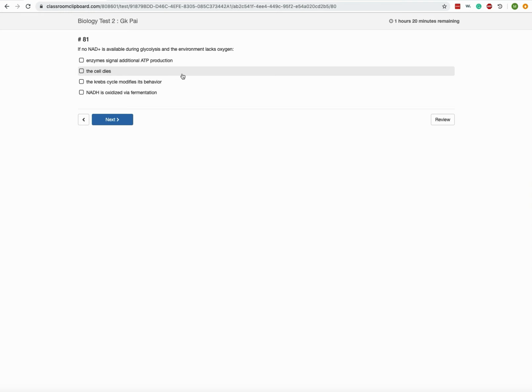We take in NAD+ and we reduce it to NADH. But if we don't have any NAD+, we can't do that. So it stops glycolysis. But luckily we have fermentation, and we can take that NADH, oxidize it, and form lactate, or lactic acid, and yeah, glycolysis can continue.